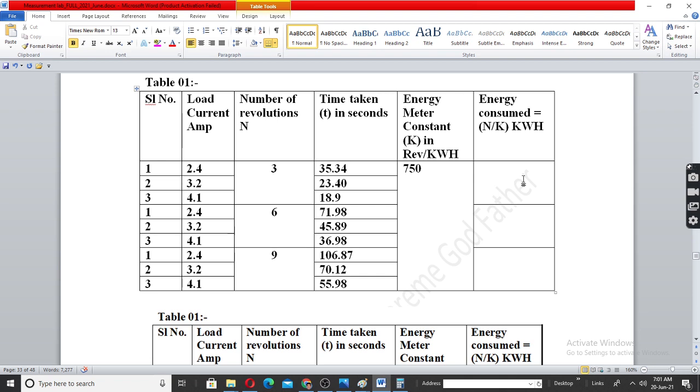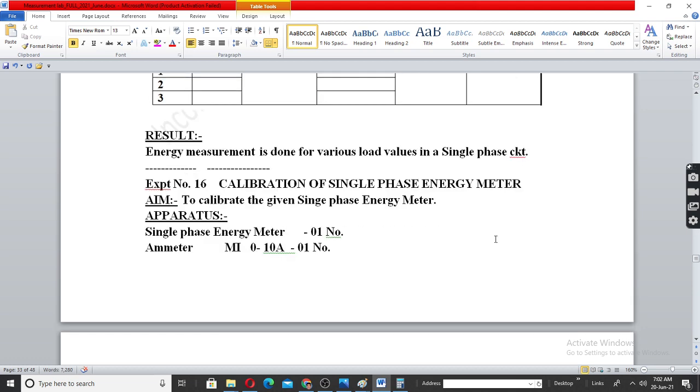So here it is N by K, 3 by 750. Here 6 by 750. Here 9 by 750. Okay, this completes the experiment.